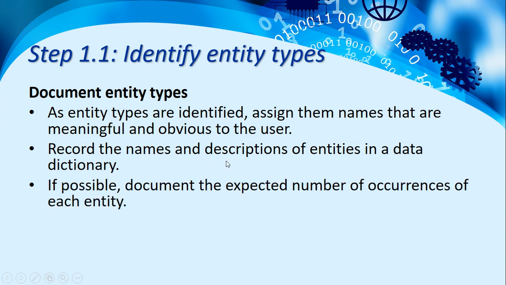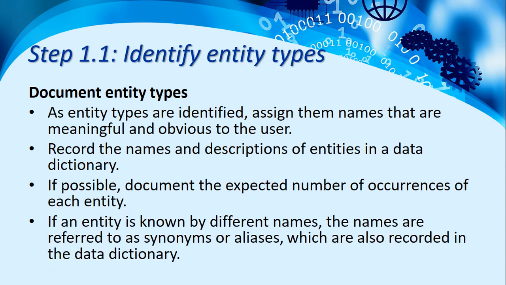If possible, document the expected number of occurrences of each entity. If an entity is known by different names, because there are instances where an entity is mentioned in different ways, for example employee and staff, they could be the same thing.